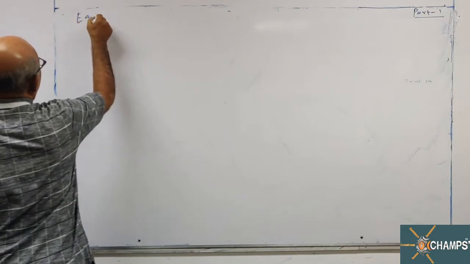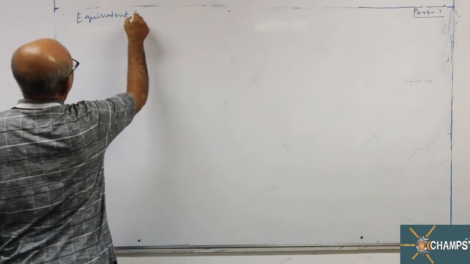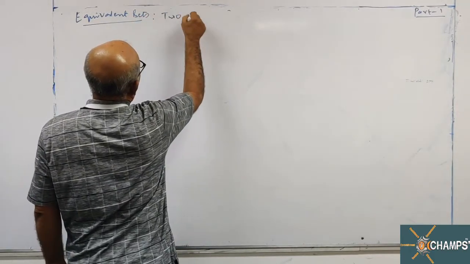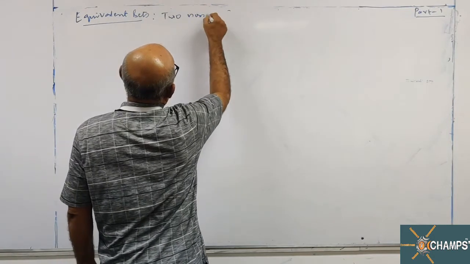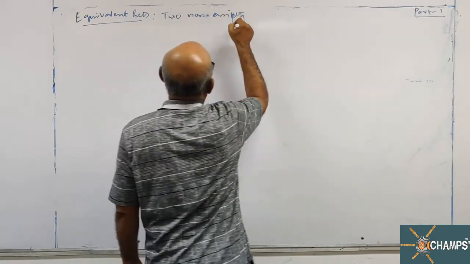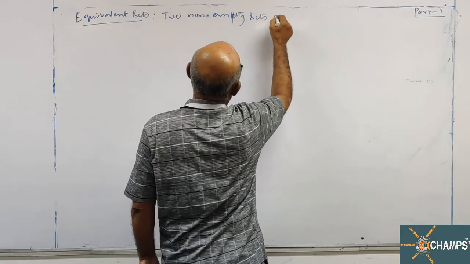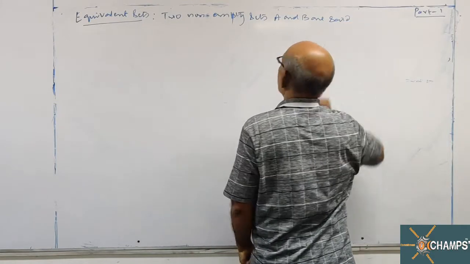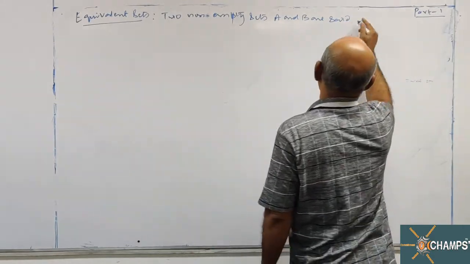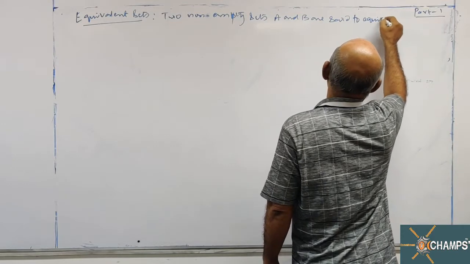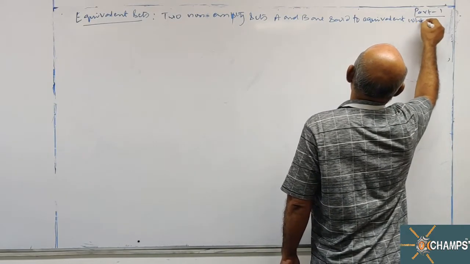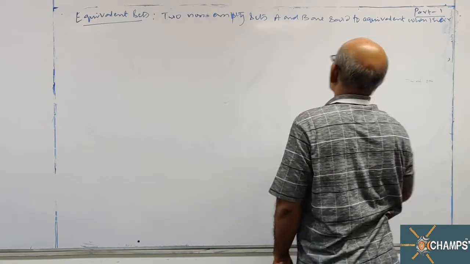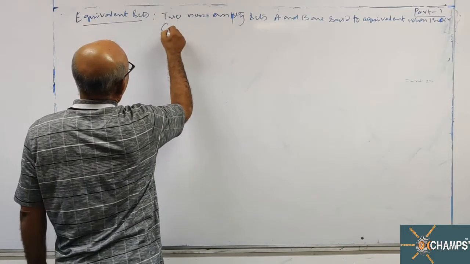Equivalent sets. Two non-empty sets A and B are said to be equivalent when their cardinal numbers are the same.